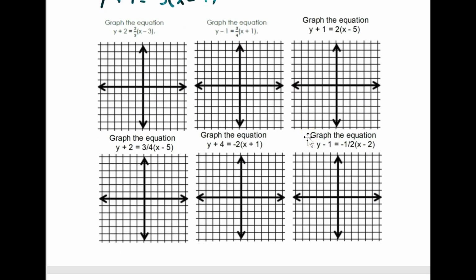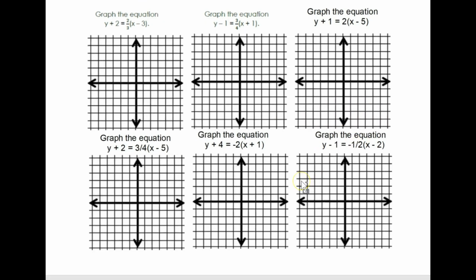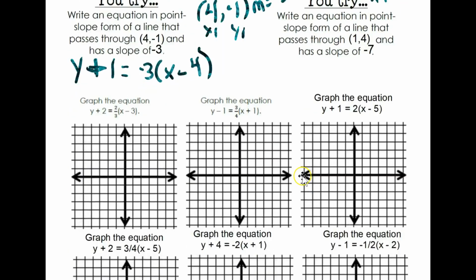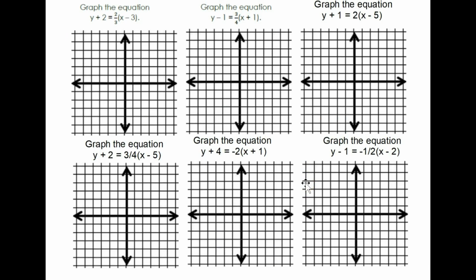And now we're going to graph. So I want to make these graphs larger than this. It says graph the equation y plus 2 is equal to 2/3 times x minus 3. Well, this is point slope form. So what do I need from here? I need the point. So my x point would be 3, because it's x minus 3.